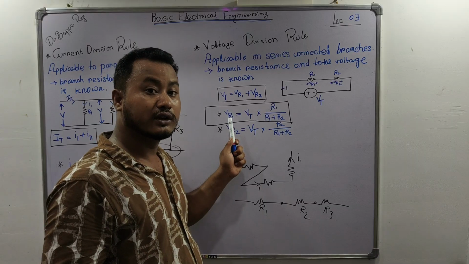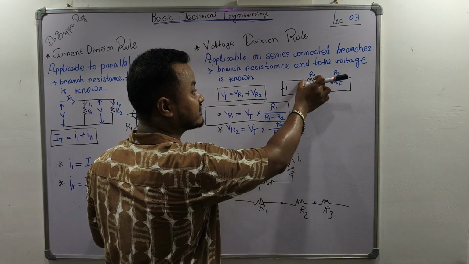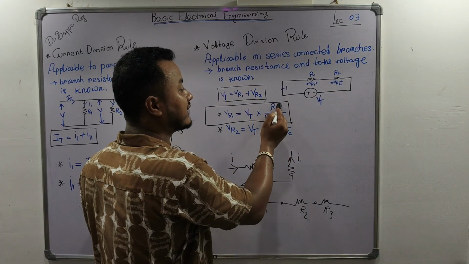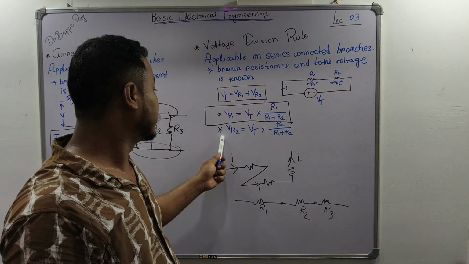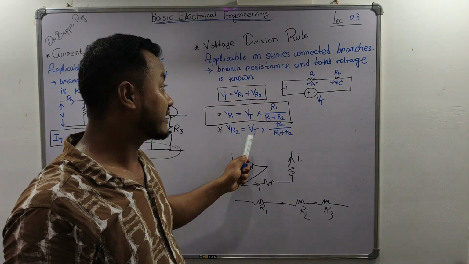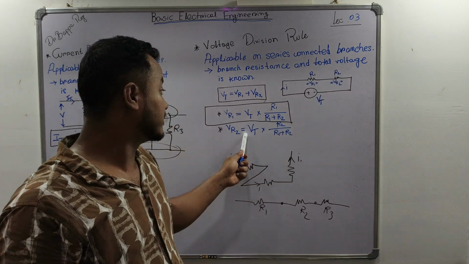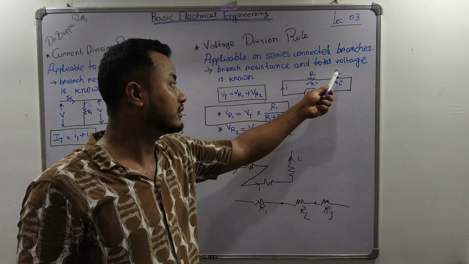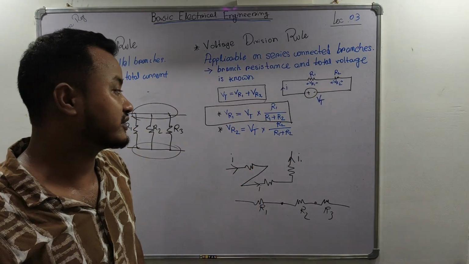We are calculating the voltage drop across R1, so we'll keep the R1 value upside, then total resistance. For VR2, the voltage drop across this R2, total voltage into R2 divided by total resistance.